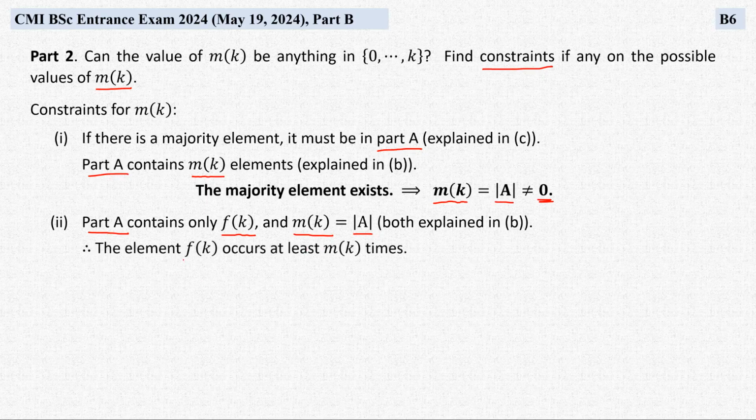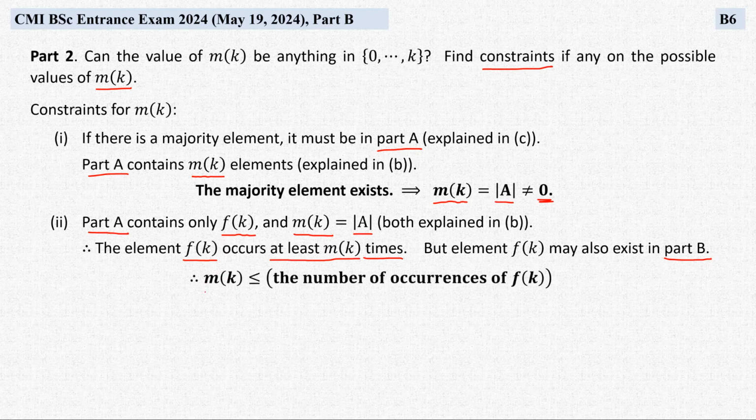This means that the element f of k occurs in the list at least m of k times. However, the element f of k may also exist in part B. Therefore, we know that m of k is less than or equal to the number of occurrences of f of k.